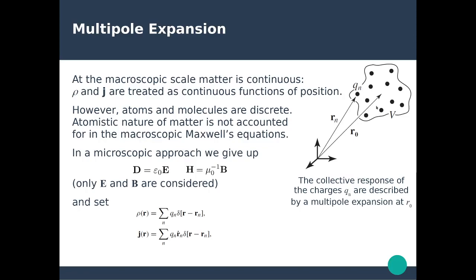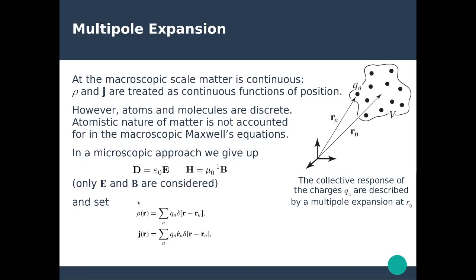So, in fact, what we have to do is consider a system which is constituted of individual charges at given discrete positions. In a microscopic approach, we need to give up on the definition of the electric displacement and magnetic field, and we're only going to consider the E and B fields, the electric field and the magnetic induction, that we later reference as the magnetic field as well.